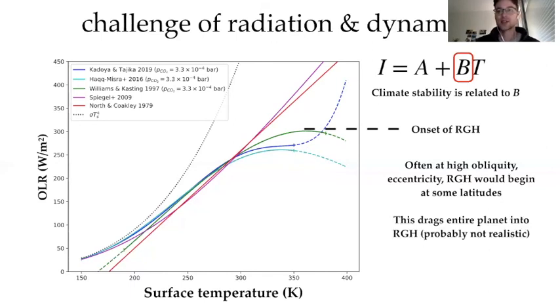And I don't think this is realistic, because in GCM simulations, what we see at the same sort of obliquities and eccentricities is that there's enhanced advection that redistributes heat more effectively, and cloud formation because of convection that is decreasing the forcing. So in this sense, our EBM is really limited in both the radiation and the dynamics, because we don't capture these effects.